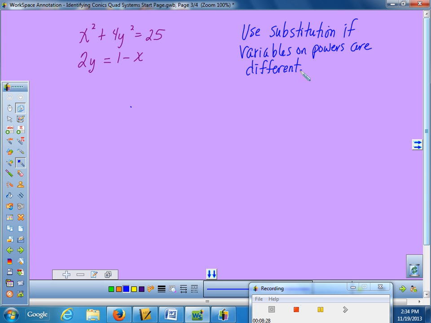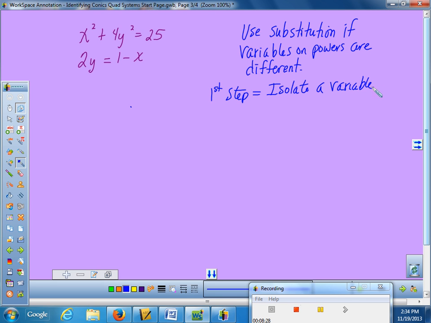Okay, my other rule to you is when you're picking substitution, the first thing you do is isolate a variable. So what would be a smart variable to isolate? Would you want to pick one of the squared ones to isolate?